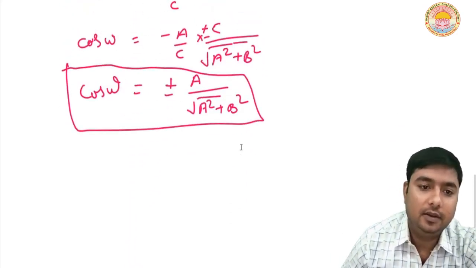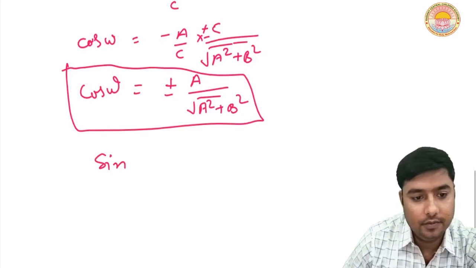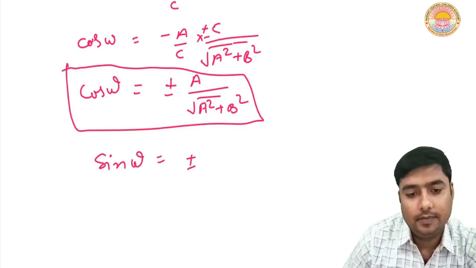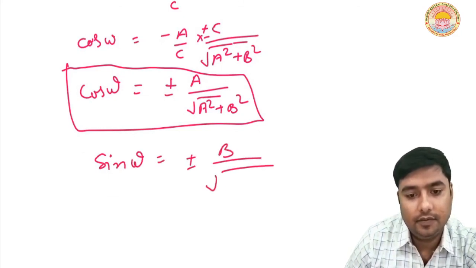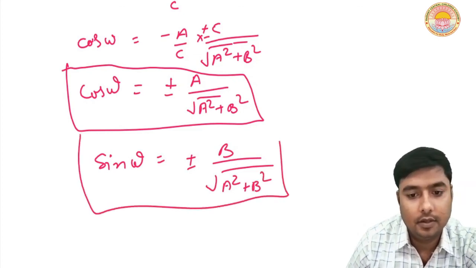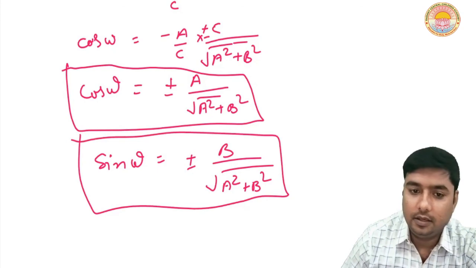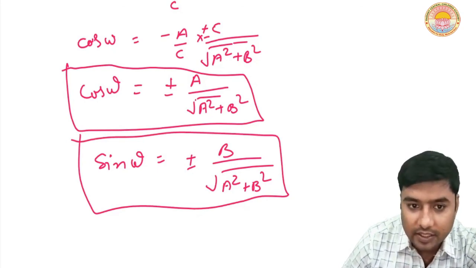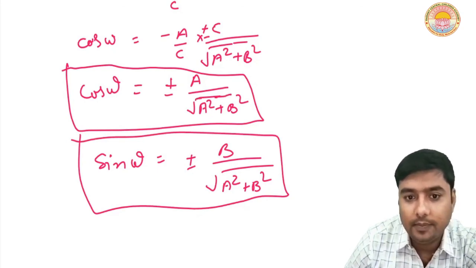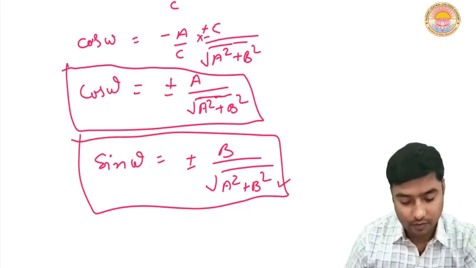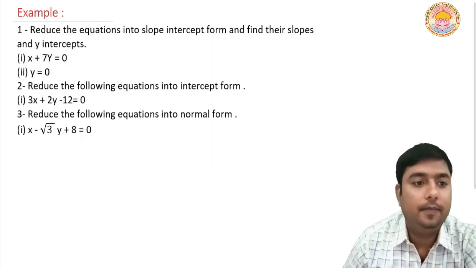Similarly, we can solve sin omega equals to plus minus b upon under root of a square plus b square. We see here in all three formulas, the denominator is square root of a square plus b square. So we can use this in problems.